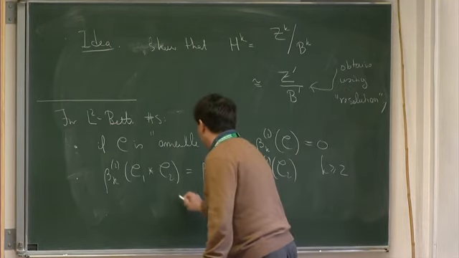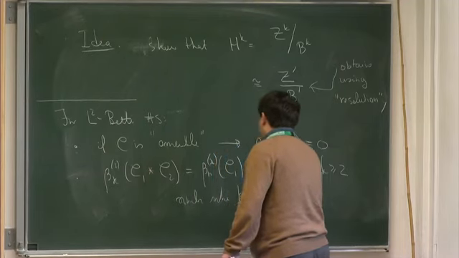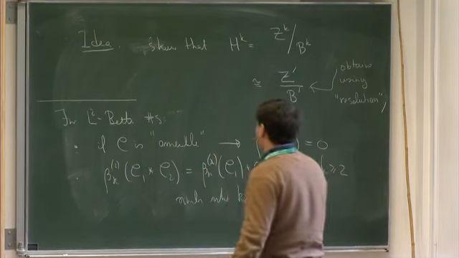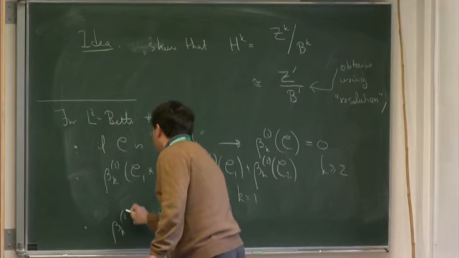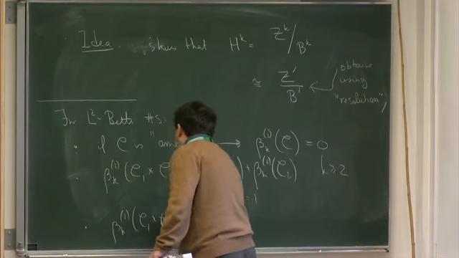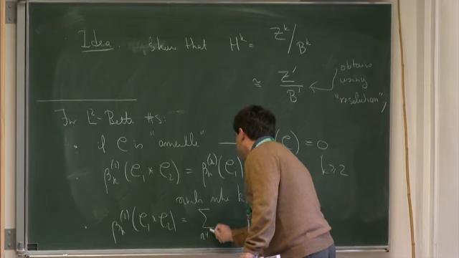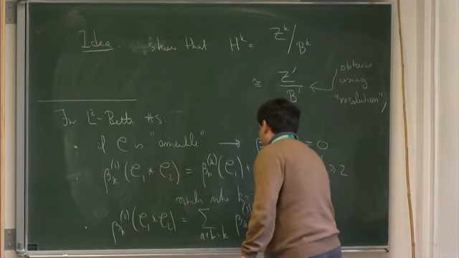And similar, when k equals 1, there's also some correction term as before involving the zeroth cohomology. This is the Kunneth formula, exactly as before.